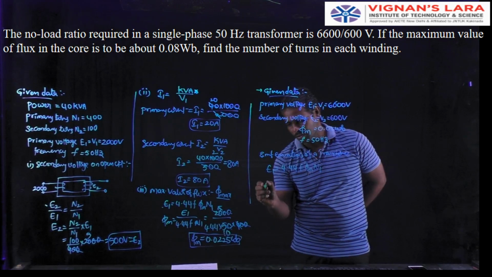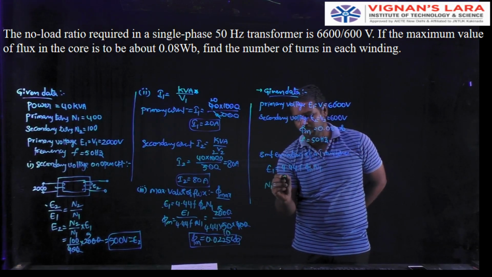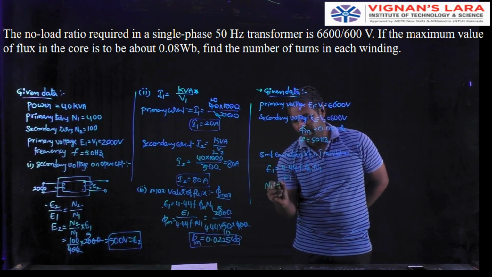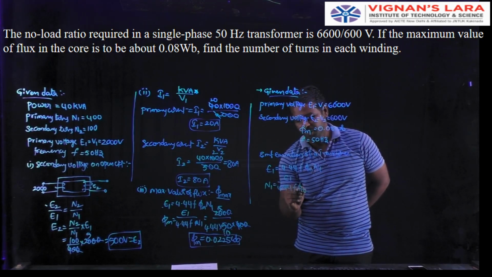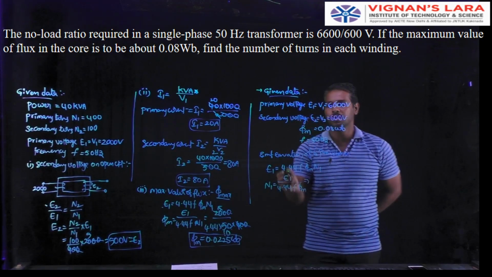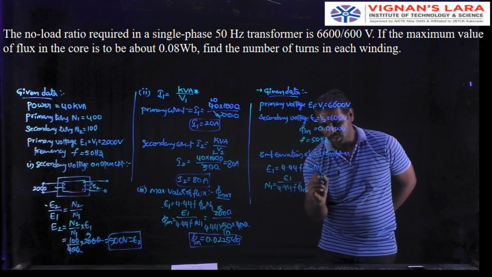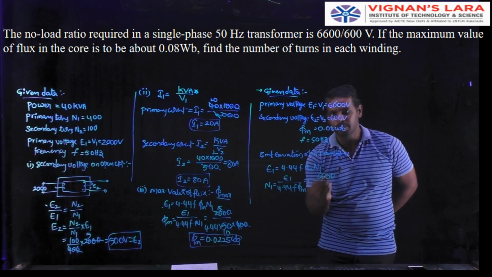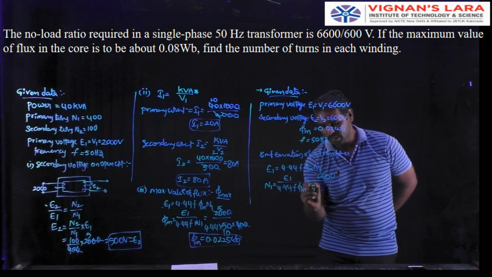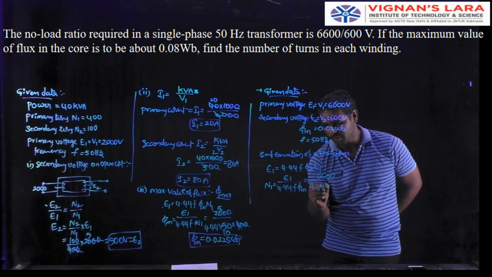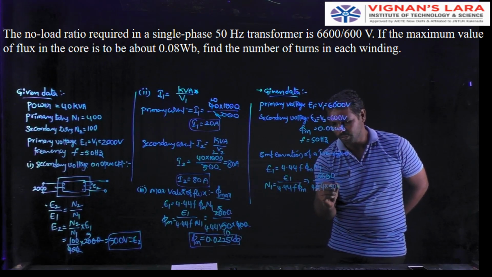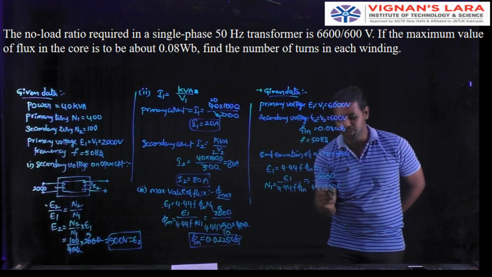N1 is equal to E1 divided by 4.44 into F into phi m, which is 6600 divided by 4.44 into 50 into phi m, phi m is equal to 0.08.